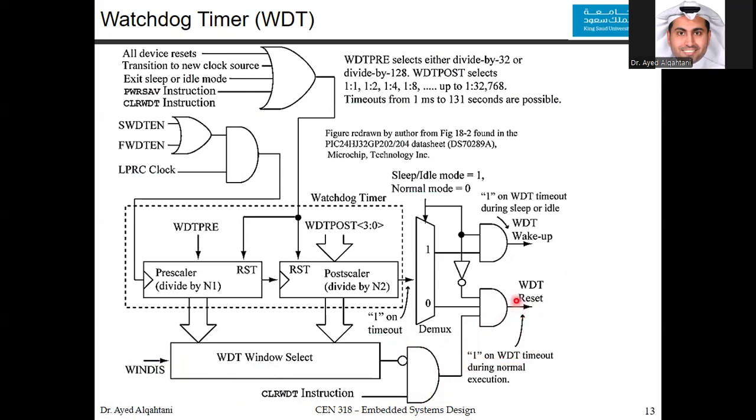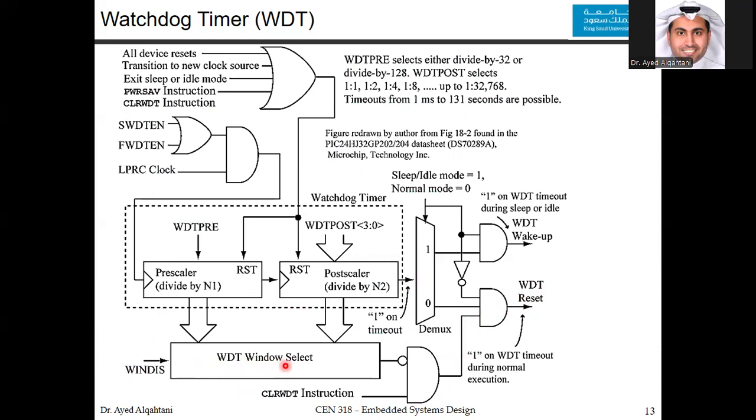And this will be 1 only if this is also 1, because this is an AND gate. So if this is 1 and there is a timeout, then it will show up in the output and the reset will happen. So what is this line connecting to? It's connected to the watchdog timer window select.